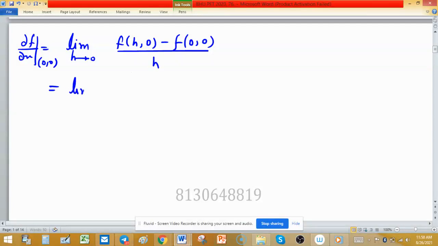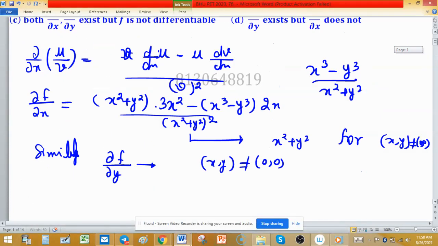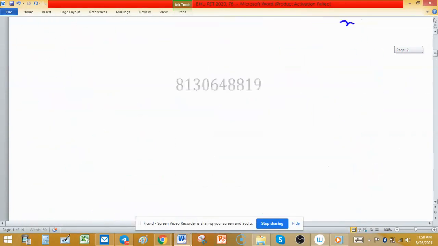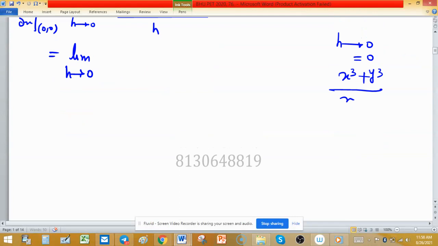Because h is tending to 0 but not equal to 0, the function will be x cube over x square plus y square.